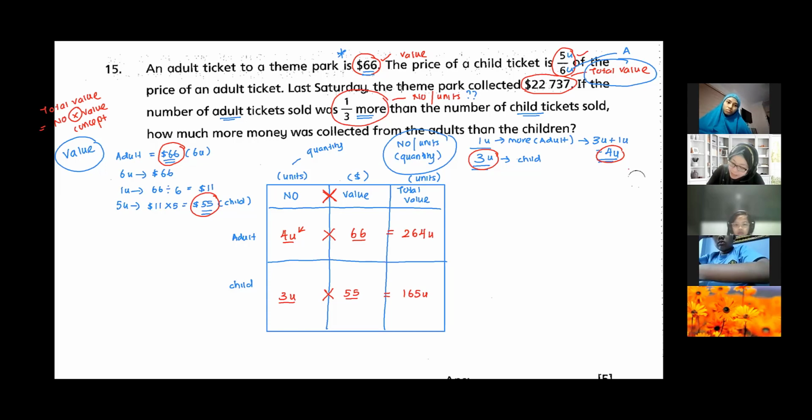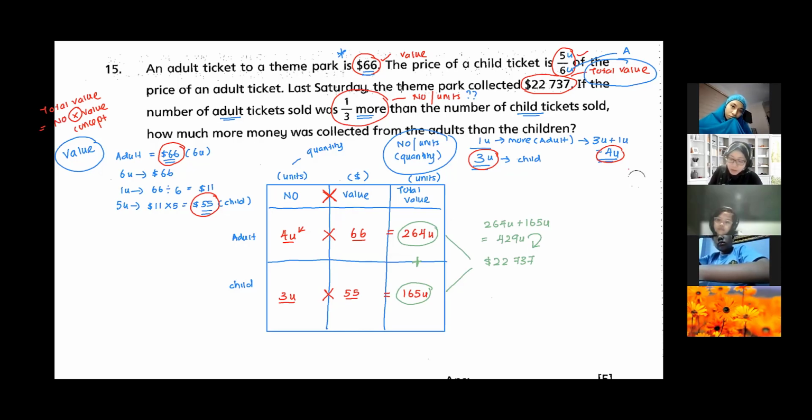So 264 units and 165 units, I add them together. 264 units plus 165 units give me 429 units. These represent 22,737.